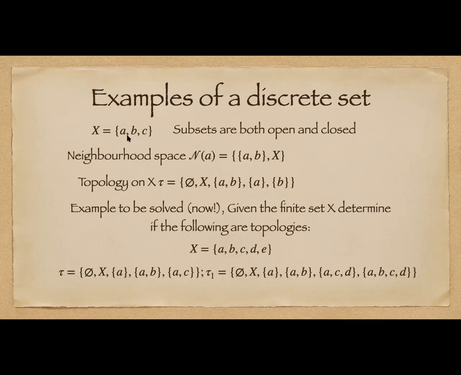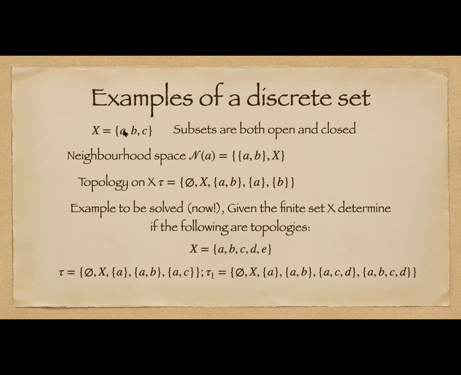It's not a continuum set like the set of real numbers. It has 3 elements, but we can see the implementation of the same notions of neighborhood space and topology on this discrete set, and then it becomes a little bit easier to absorb the abstract concept of topology and a neighborhood space.